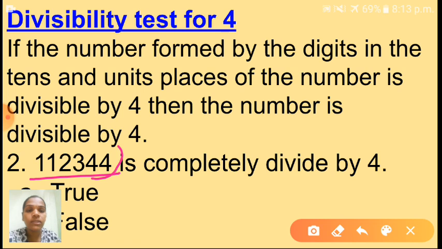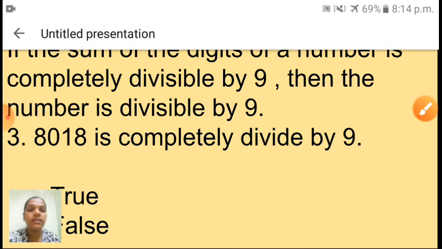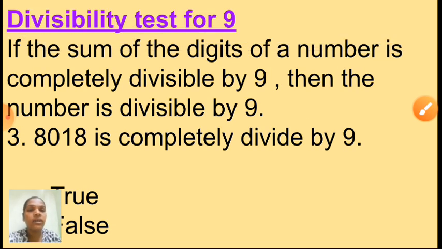So here you have to see the unit place and tens place, which number is there? 44. Can we divide 44 completely by 4? Yes, isn't it children? So this number also we can completely divide by 4. So which one is the correct answer? True.